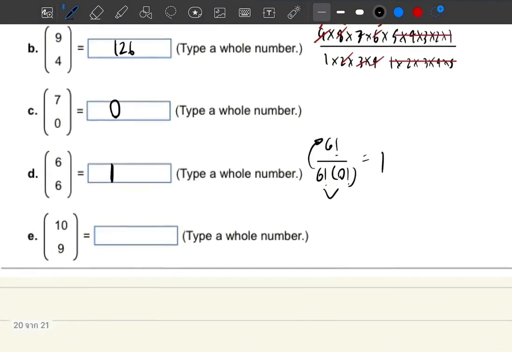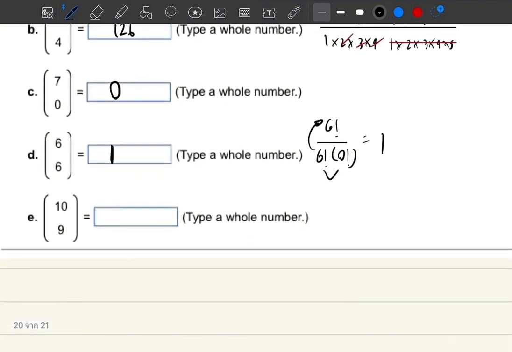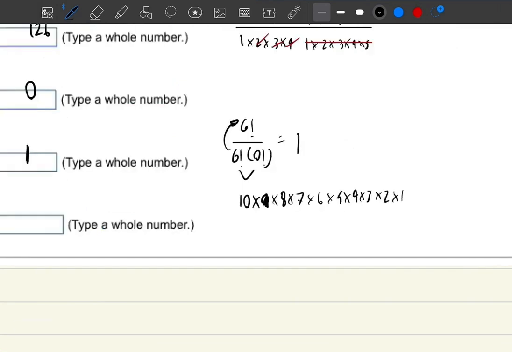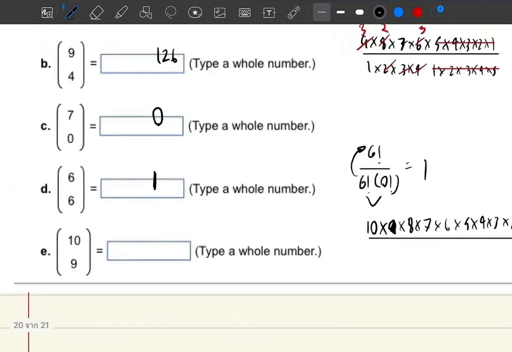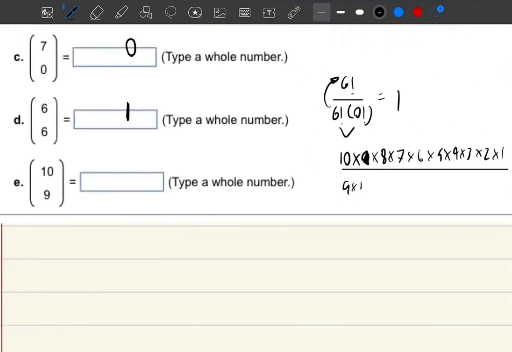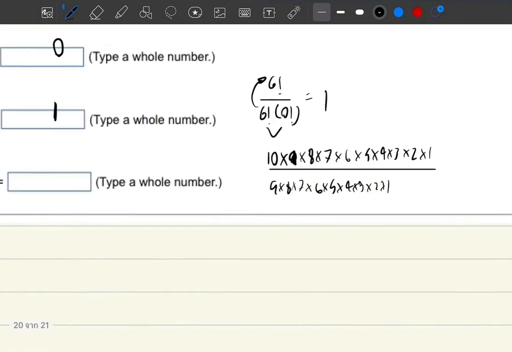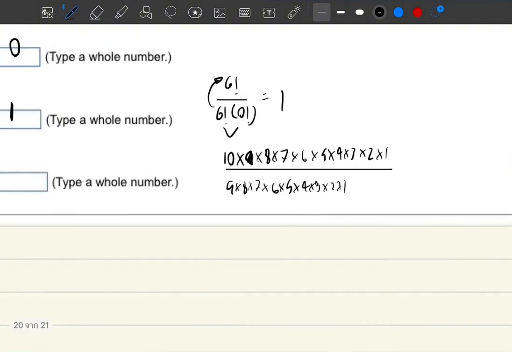And then E. 10 choose 9 is 10 factorial, which is 10 times 9 times 8 times 7 times 6 times 5 times 4 times 3 times 2 times 1 divided by 9 factorial, which is 9 times 8 times 7 times 6 times 5 times 4 times 3 times 2 times 1, and 1 factorial from 10 minus 9 factorial, so it's 1.